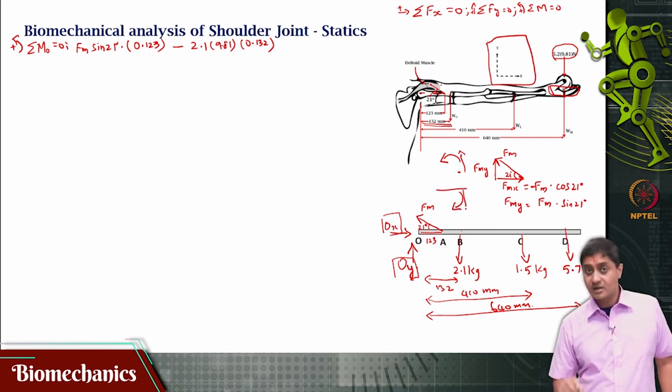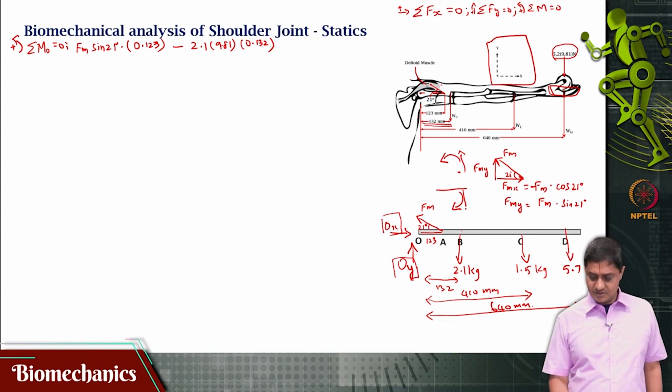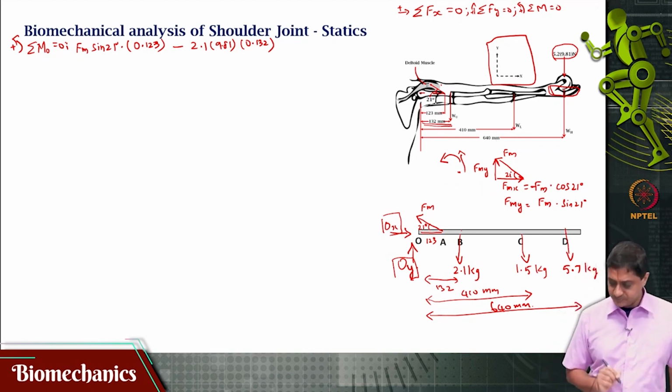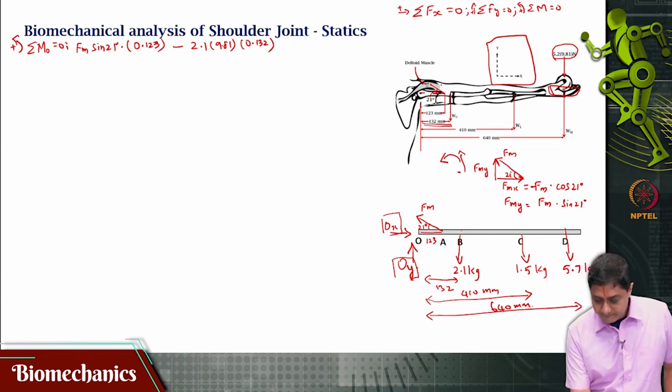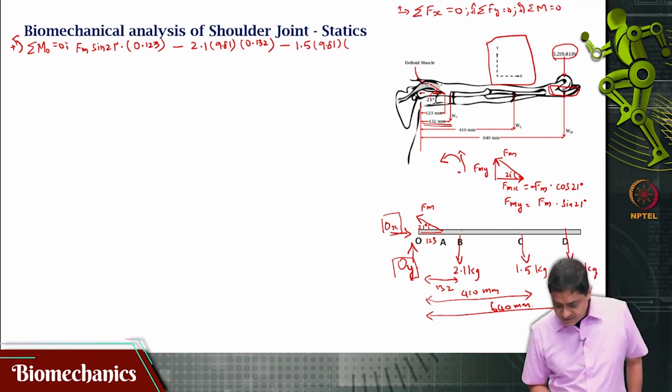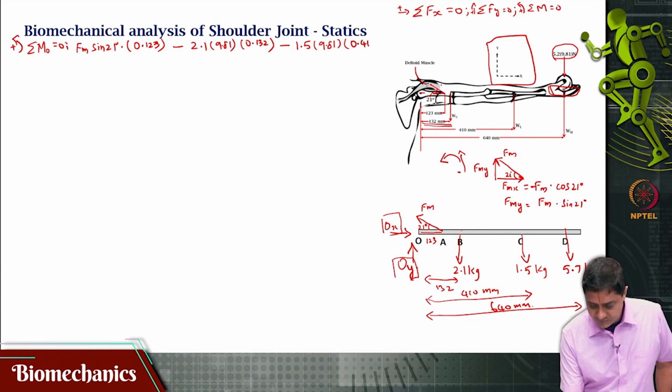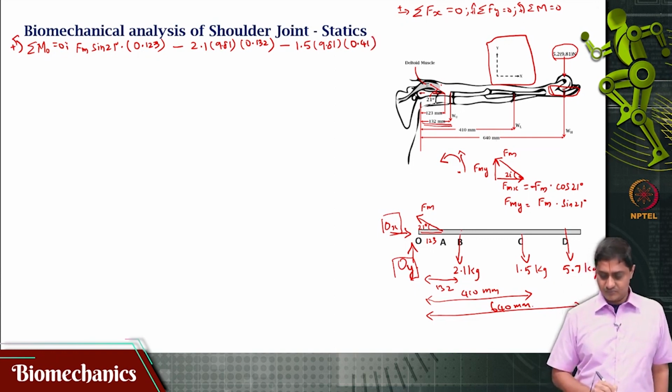It will cause a clockwise moment, and because of this it will be negative, because I am considering counterclockwise to be positive. Okay. Again minus 1.5 times 9.81 times, what is this distance? 0.41. Okay.